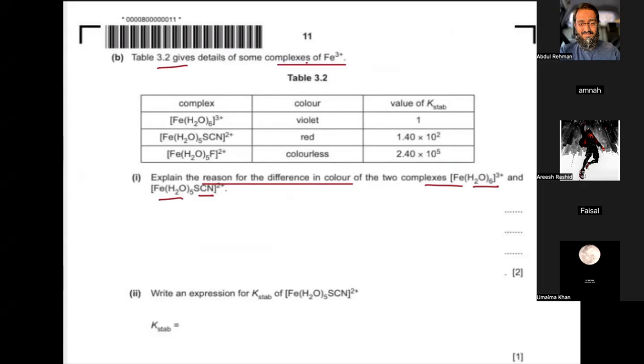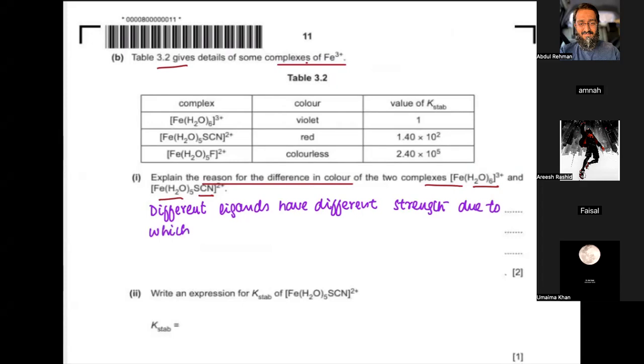So there are different ligands. As we know, different ligands have different strengths, due to which the energy gap, or you can say the splitting, between d orbitals differs.